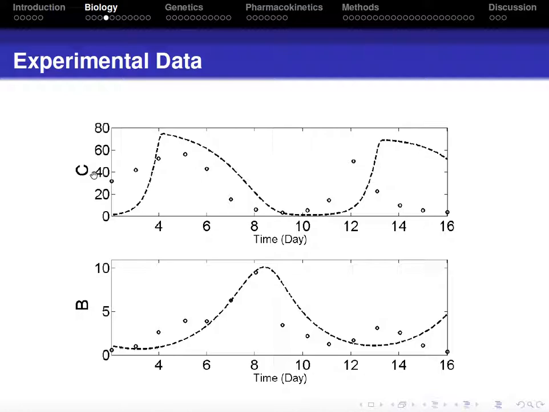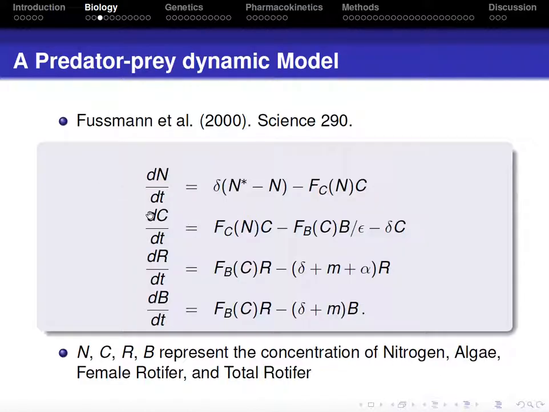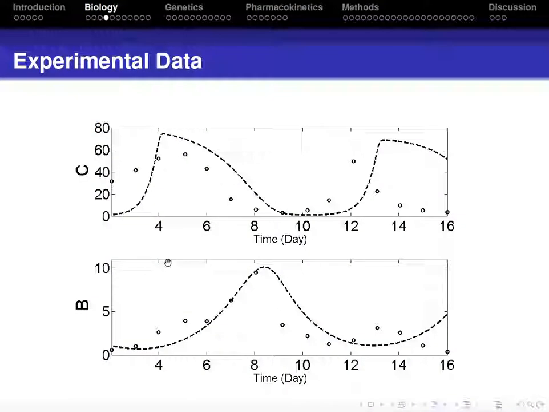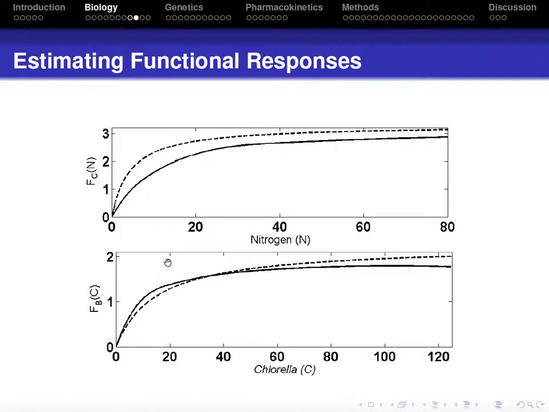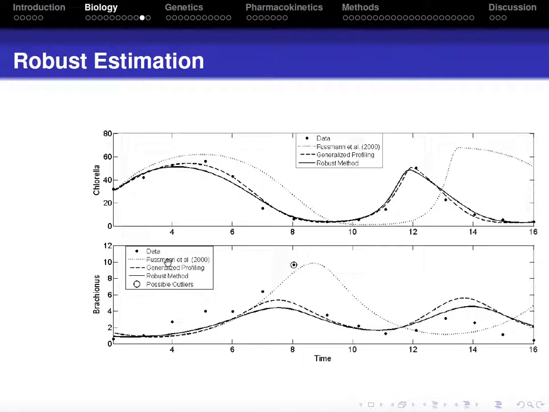This is very common in real applications: only some of the variables can be observed or measured to get data. So N and R we don't know; they are completely missing, right? How to handle these missing variables is definitely a challenging problem.